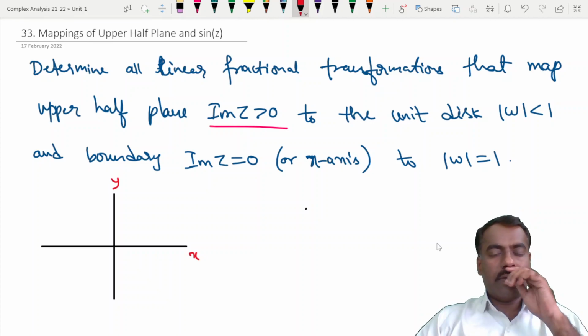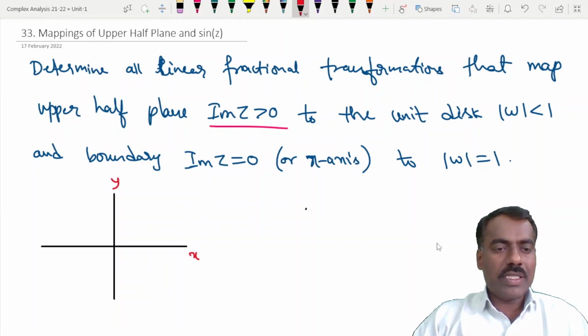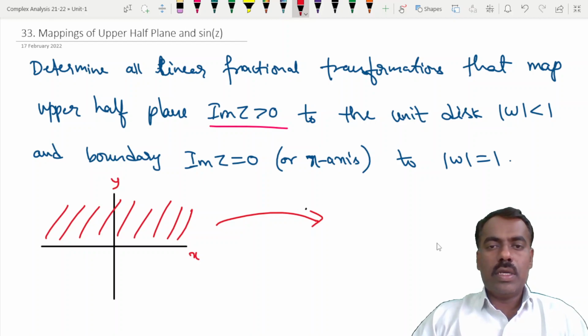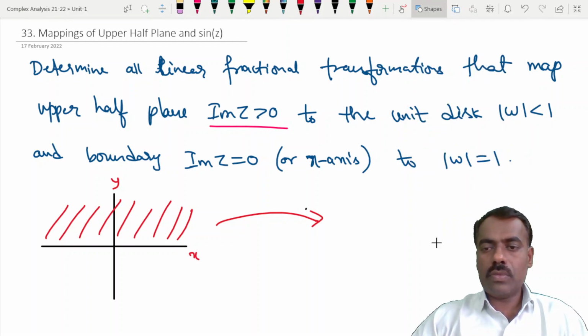So the imaginary part y, where z is equal to x plus iy, y greater than 0, that means this part. This we want to transform. We want to find a linear transformation which transforms the image of imaginary part of z greater than 0 to the unit disk.